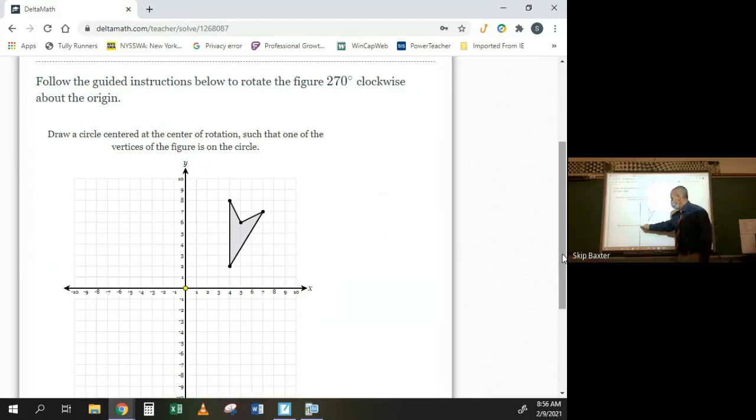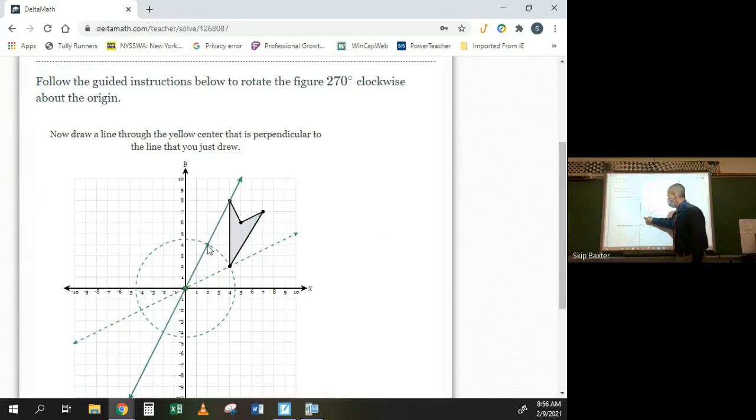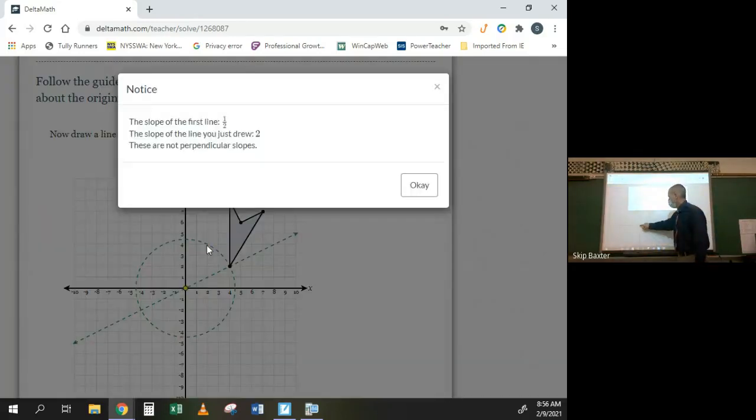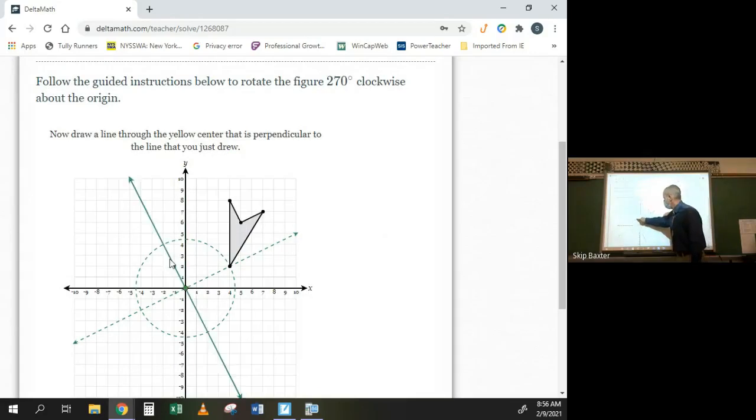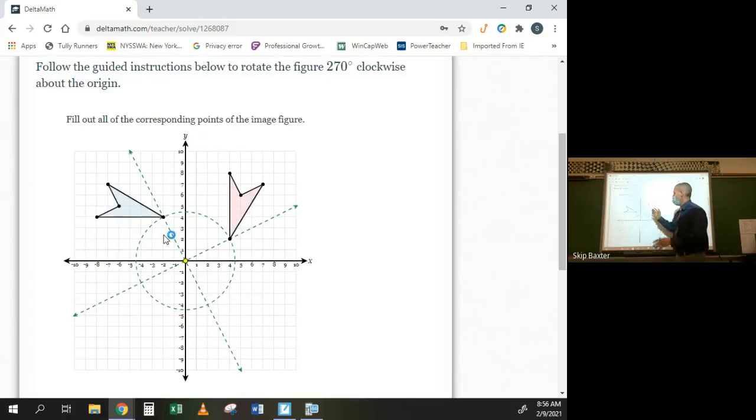You're just going to start at the yellow point, make a circle that goes through any point on the figure, draw a line, do a perpendicular line, and then rotate it 270 degrees clockwise, which would be this way. Then you do the same thing, just give the coordinates of the vertices.